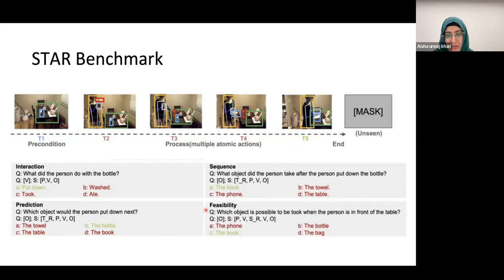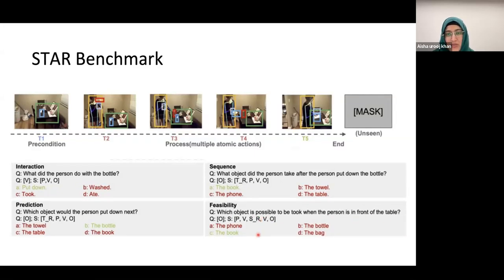And then feasibility questions are also a complex question type, where you are shown some part of the video, and the question is asking what action or what step is feasible to be taken next. So here, let's say the question is, which object is possible to be taken when the person is in front of the table?